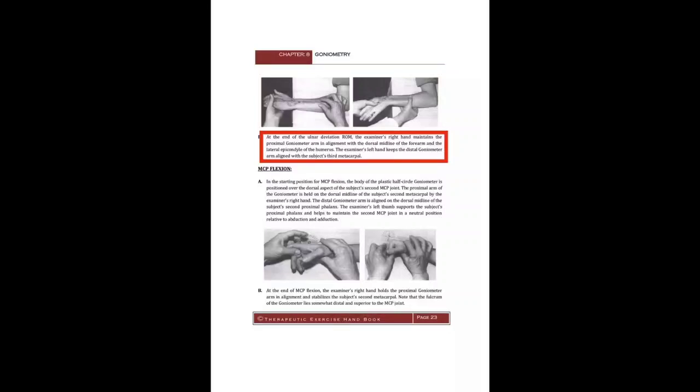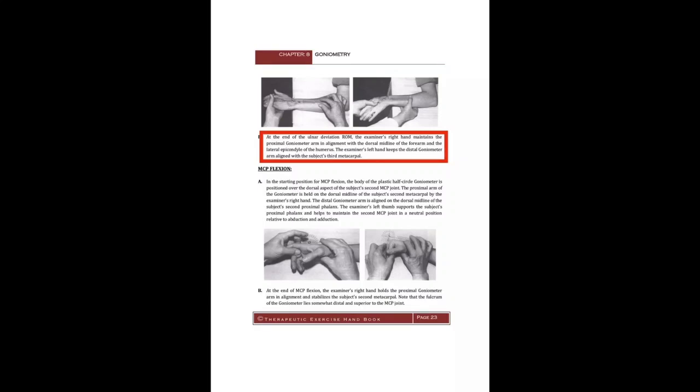I'm going to mention the procedure. At the end of ulnar deviation range of motion, the examiner's right hand maintains the proximal arm of the goniometer in alignment with the dorsal midline of the forearm and the lateral epicondyle of the humerus. Meanwhile, the examiner's left hand keeps the distal goniometer arm aligned with the subject's third metacarpal.